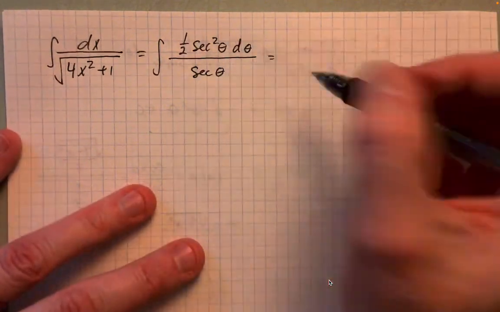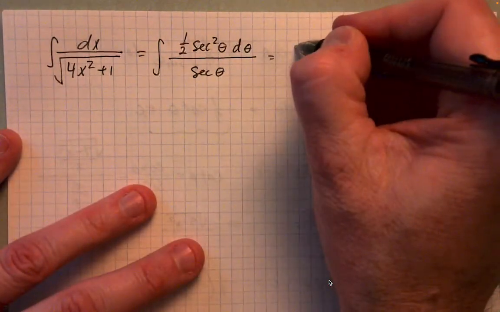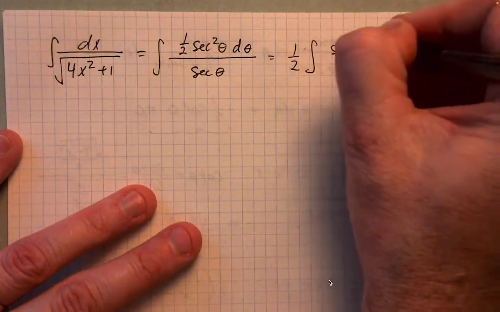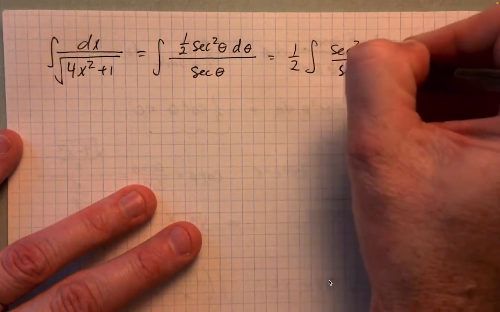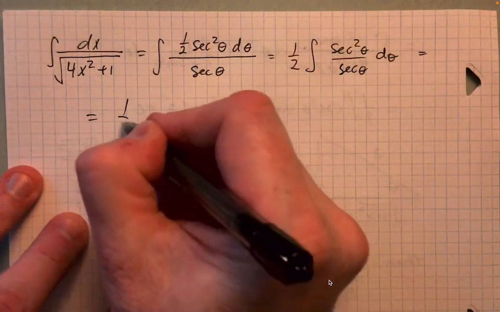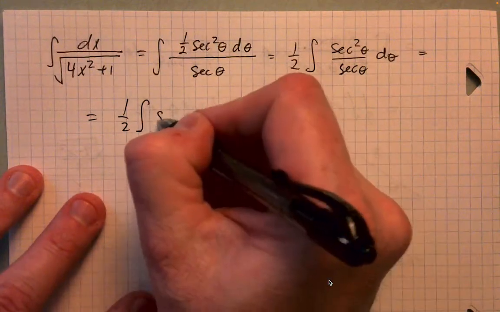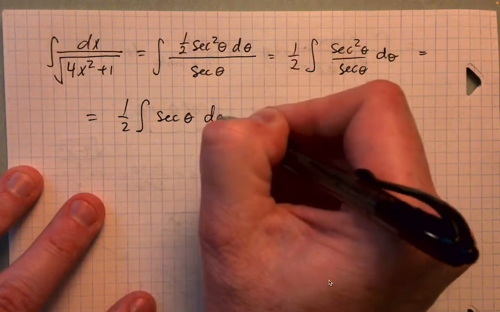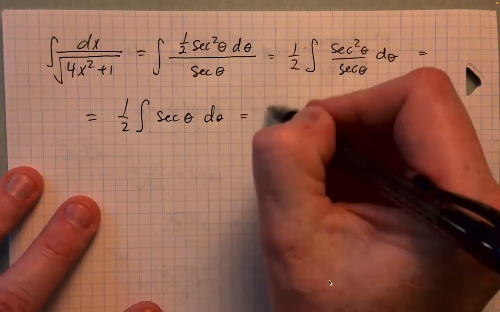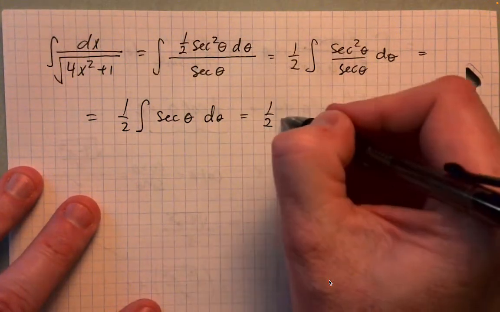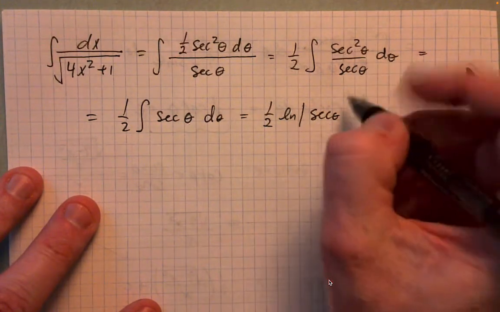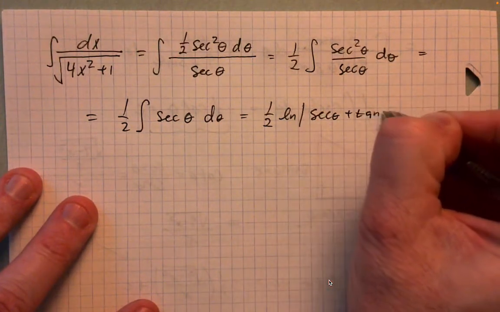Okay, and so we can do some canceling here, can't we? We get 1/2, and then secant squared theta over secant theta d theta. So of course we get 1/2 times the integral of secant theta d theta. Okay, and that one we know how to deal with. That's 1/2 times the natural log of secant theta plus tangent theta.